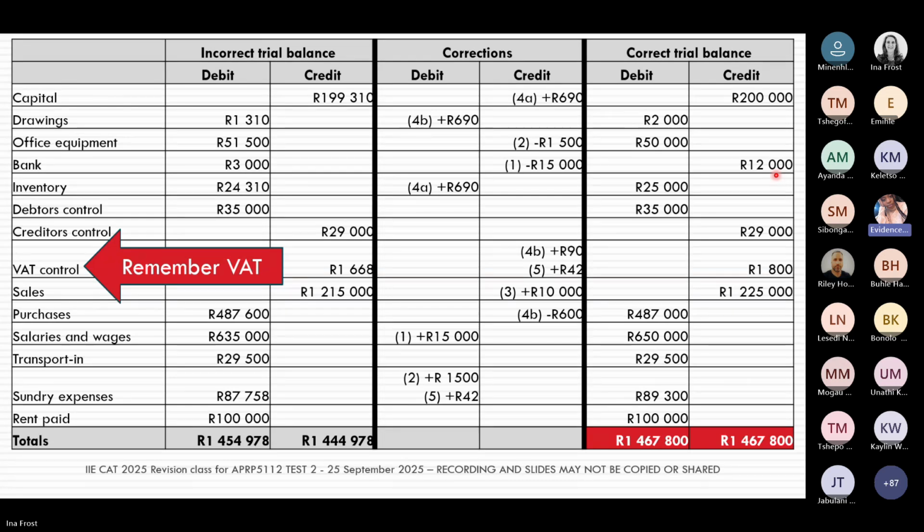So just remember that if bank is under the credit, you are actually starting with a minus. Therefore, if you have a correction under the credit, your minus is increasing. But if you have a correction under the debit, then either your minus will become smaller or your balance will actually become a positive. That's just what I had to add. Thank you.